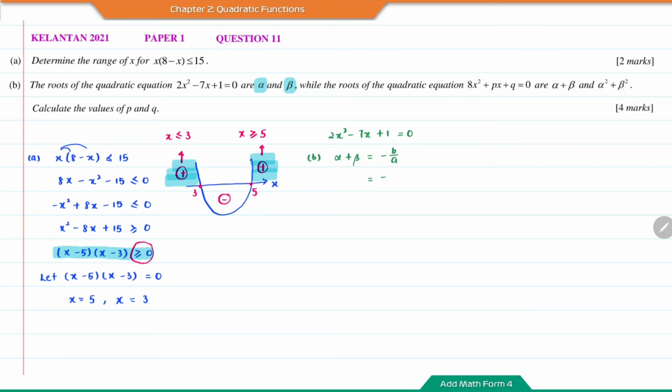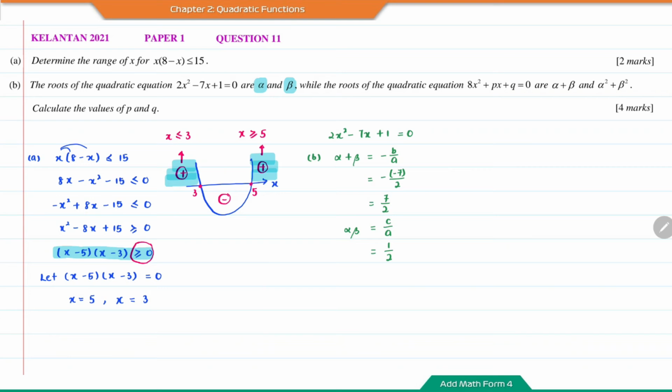So the b here is negative 7, while the a is 2. Therefore, alpha plus beta is positive 7 over 2. And the product of roots, which is alpha times beta, is equal to c over a. So the c here is 1 and the a is 2. Therefore, alpha beta is equal to 1 over 2.